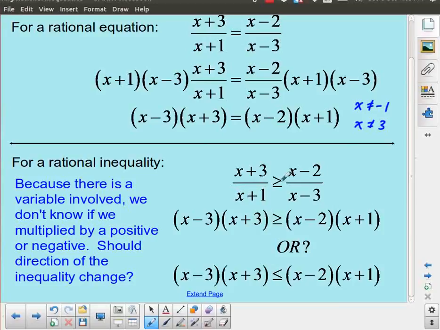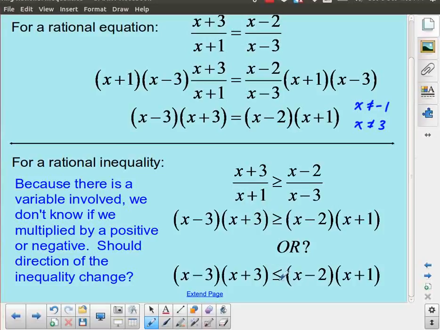But that's very important with an inequality, because if I multiply both sides by a negative number, it flips the direction of the inequality. The same thing is true, I don't know if x minus 3 is a positive or a negative number. So again, I don't know if I should be flipping this inequality. So when I finish my cross multiplication, is this the correct inequality? Greater than or equal to?